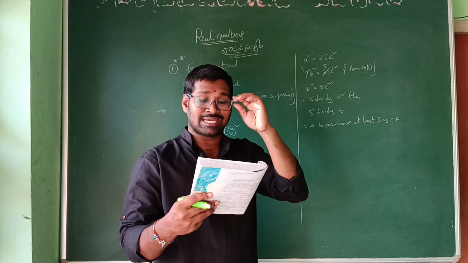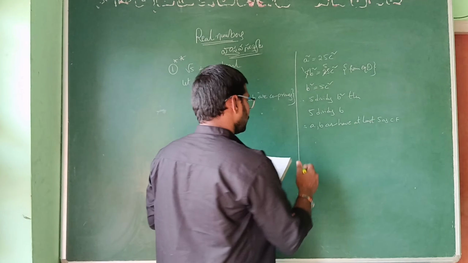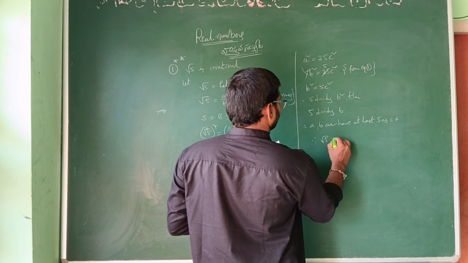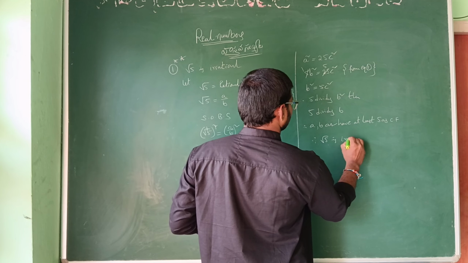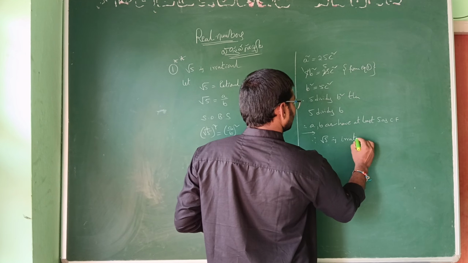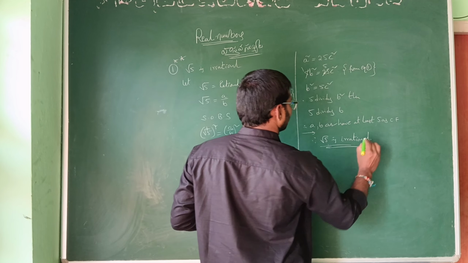This contradiction arises because of our incorrect assumption. Therefore, we conclude that root 5 is irrational.